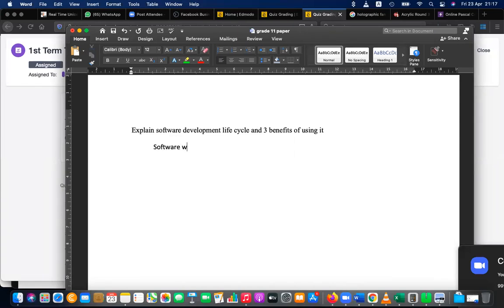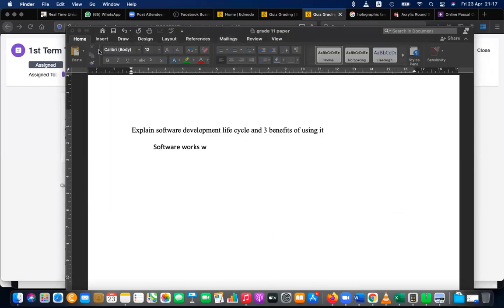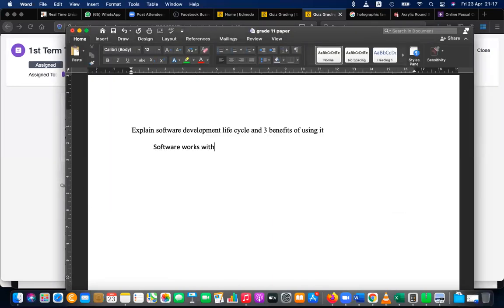Software works with information, which is the most valuable economic resource in the world.